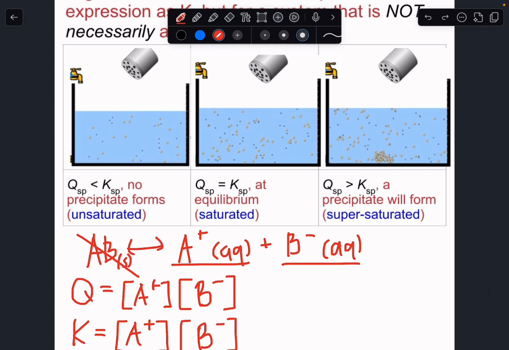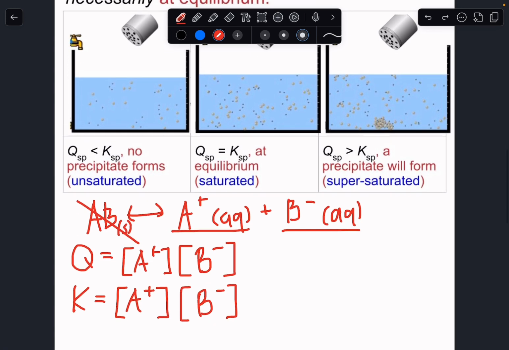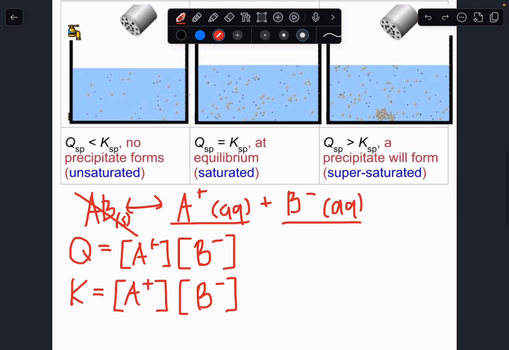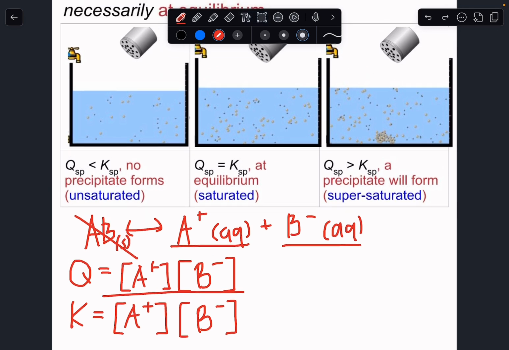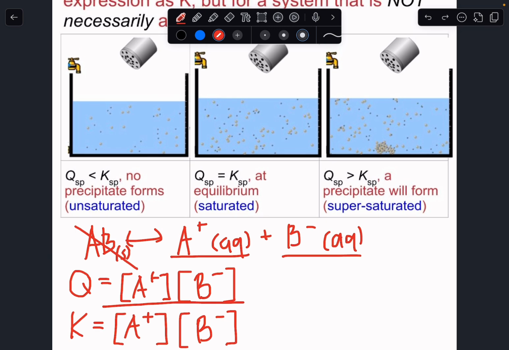Like it says up here, if Q is less than your equilibrium constant, meaning the concentrations are less than the concentrations at equilibrium, then you won't have a precipitate because you don't have enough salt to form one, and the solution is unsaturated. That means more ions could dissolve to make your solution be at equilibrium.